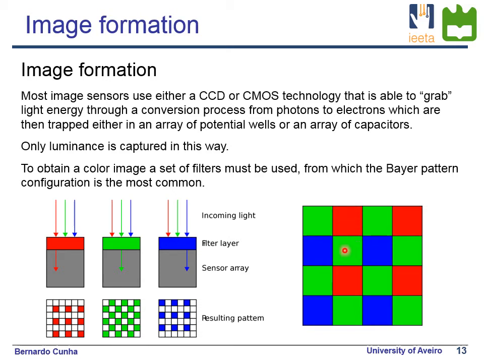The reason why there are two green and only one red and one blue is the same that we used before to explain why the green color has a higher component when you obtain the luminance from the color triplets RGB. So for each 4 pixels, 2 of them will collect information in the green area of the spectrum, one will collect information in the red area of the spectrum, and the other in the blue area of the spectrum.